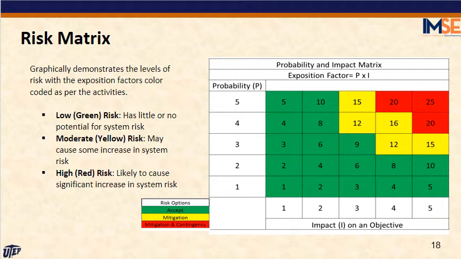We can live with them. And the next one is the moderate risk that may cause some harm in the system, and we must have a mitigation plan. And the last one is the red, the risk that could affect the system at a high level.